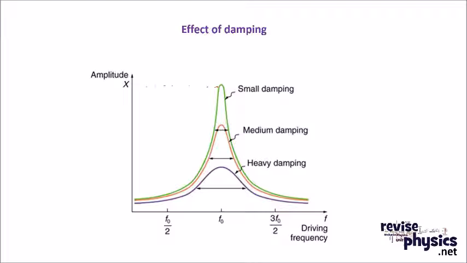If you've got very heavy damping, if your damping is much greater, then you're going to have a much smaller amplitude. But the key thing about this graph is that for greater damping, the amplitude is smaller at all frequencies.